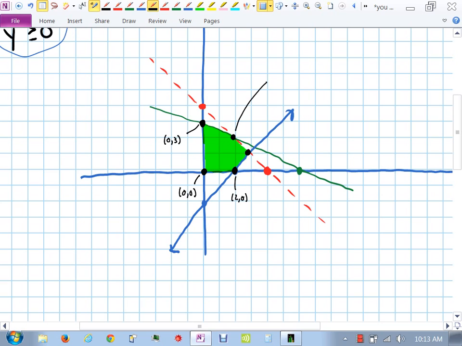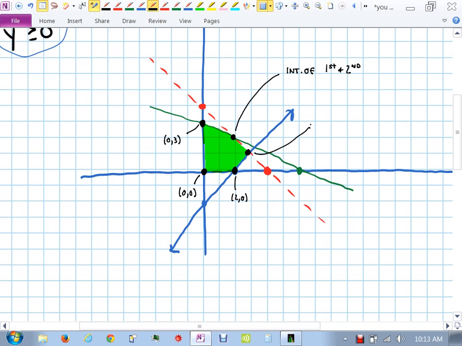The first point, or that point right there, is the intersection of which 2 ones? Of the first equation we had, right? No, it was the first and second one, right? That's the intersection of the first and second lines we drew.